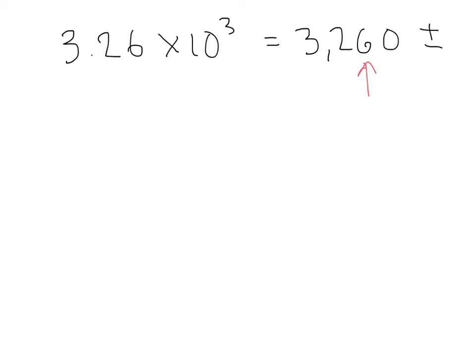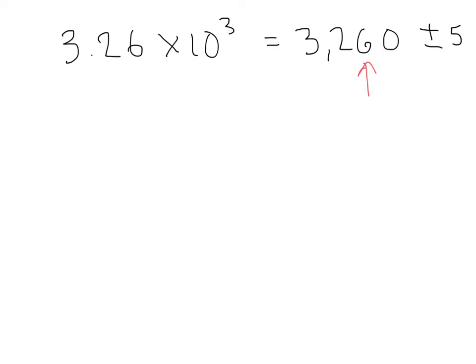So let's look at 3.26 times 10 to the third. If you write this in standard notation, this is the number 3,260. What that means is you know it to the nearest 10, which means you can go plus or minus 5.